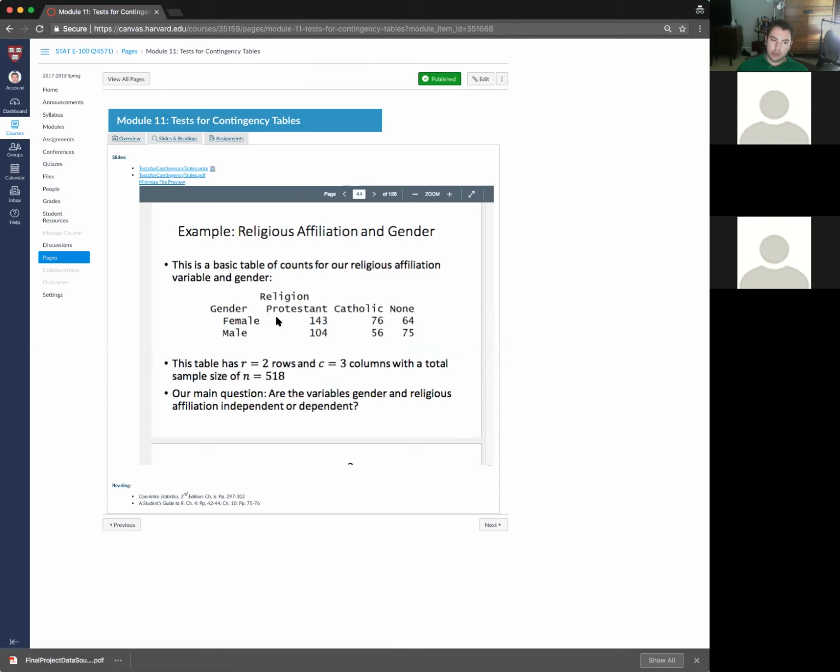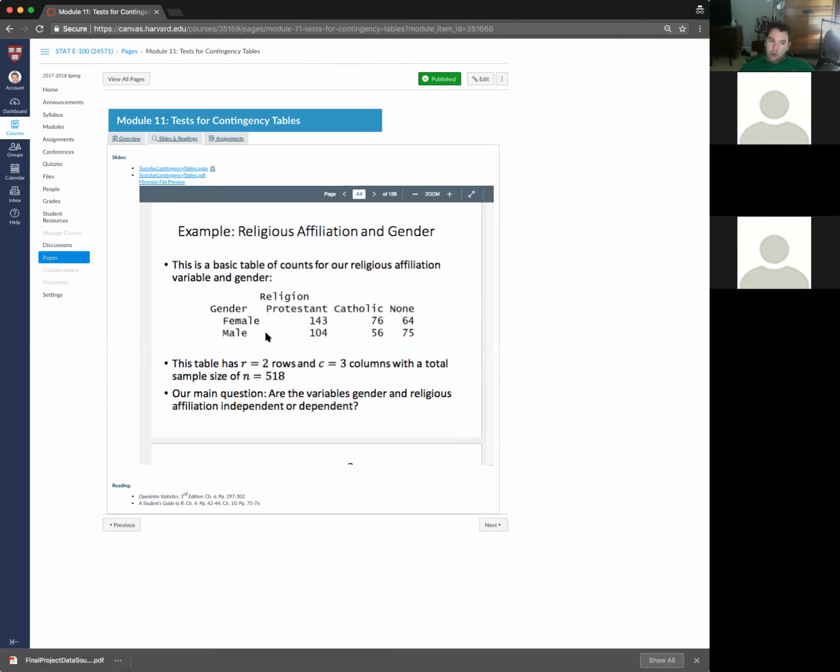We're breaking down the gender between male and female. So now we have a 3x2 table. Before, remember, we just had the 3 categories. It was a 3x1 table. Now we have a 3x2 table.